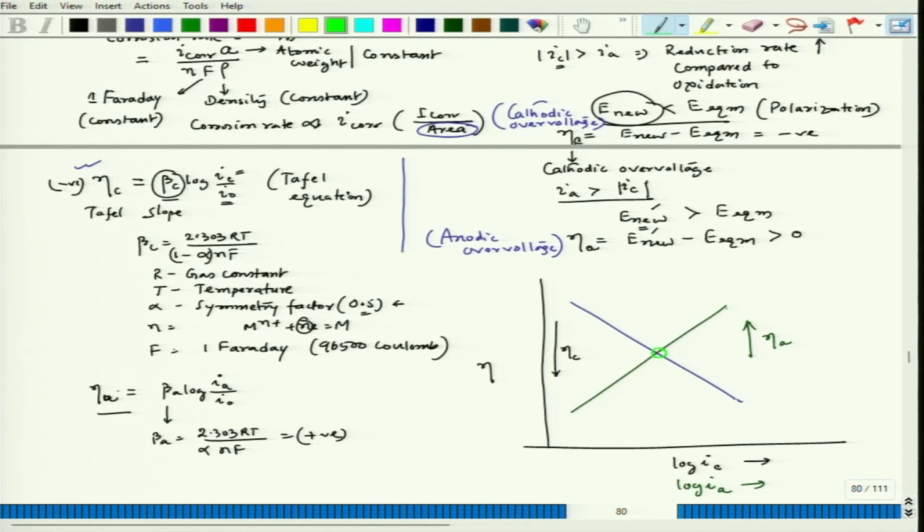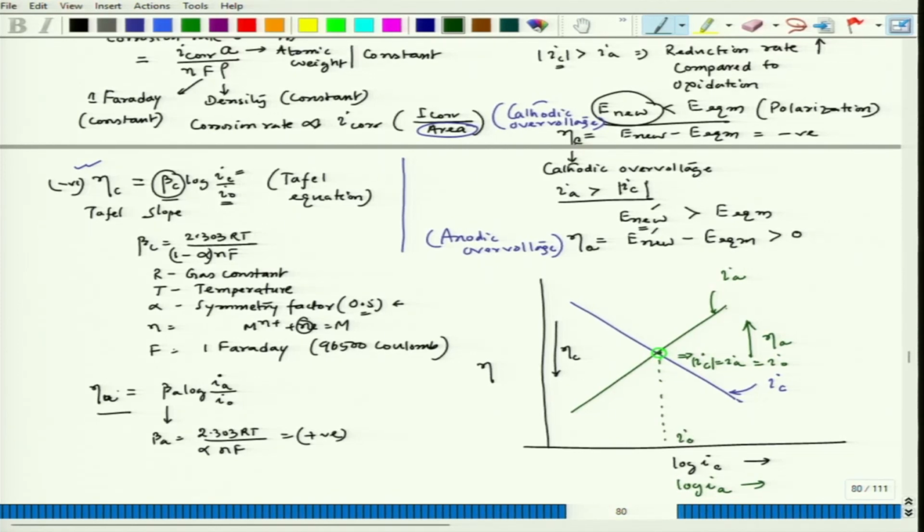This particular line indicates IC, this particular line indicates IA, and at this point both IC is equal to IA, fine.